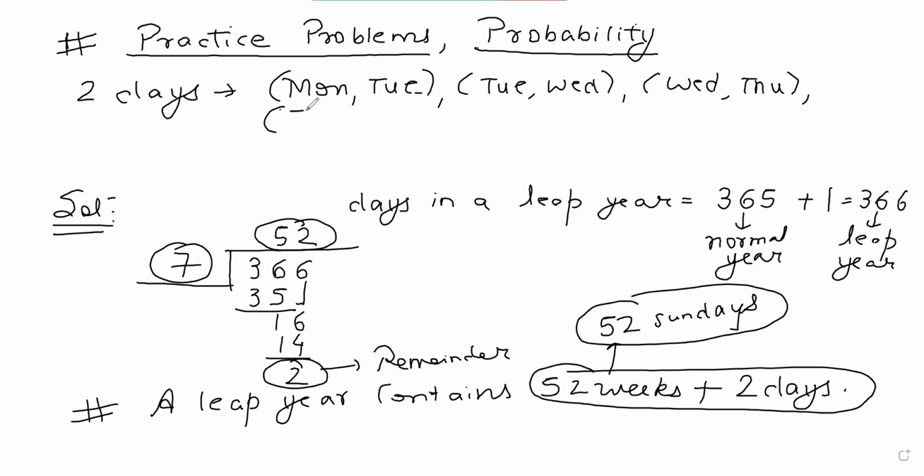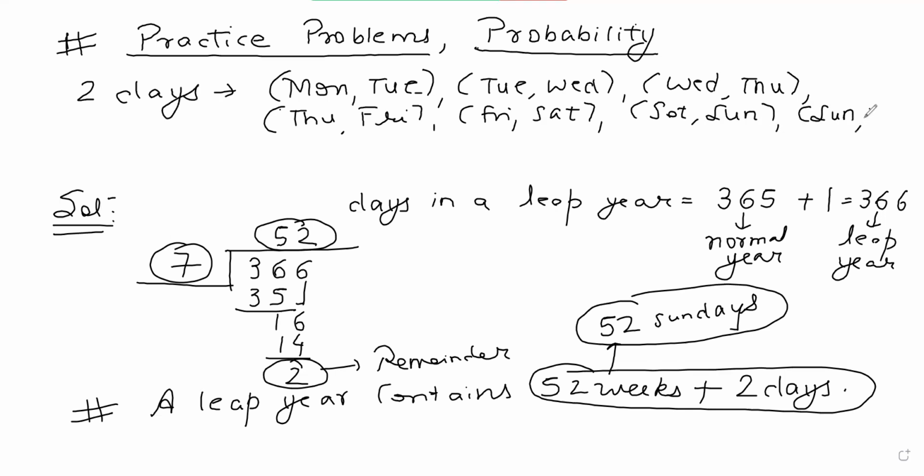They have to be Thursday, Friday, or they can be Friday, Saturday, or they can be Saturday, Sunday, or they can be Sunday, Monday. These 2 days can be combinations of these. Now, how many total number of combinations do we have? 1, 2, 3, 4, 5, 6, 7. So total number of possibilities is 7.